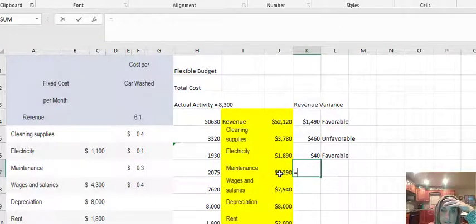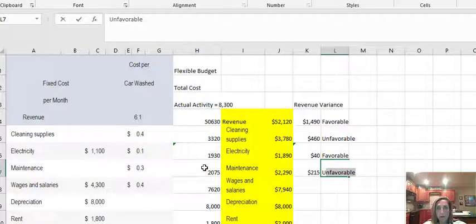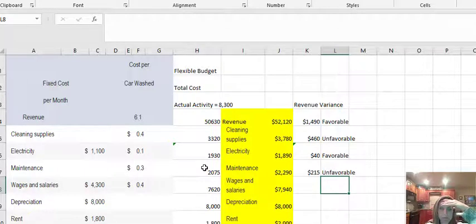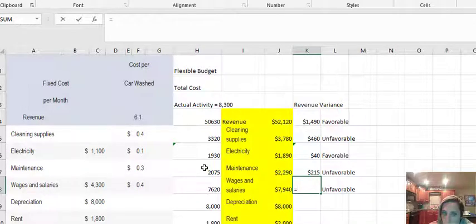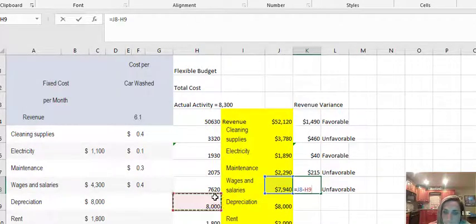The next one says, here's what I actually generated in maintenance costs. Here's what I should have generated. I actually spent more than I should have. So this one should be unfavorable. The next one should also be unfavorable because my actual costs were greater than my budgeted cost.